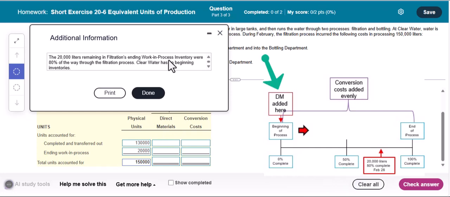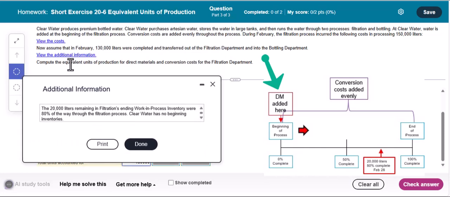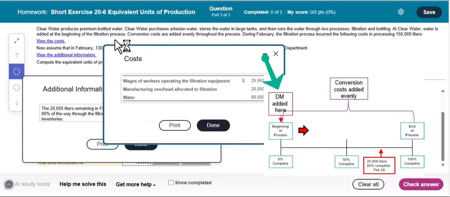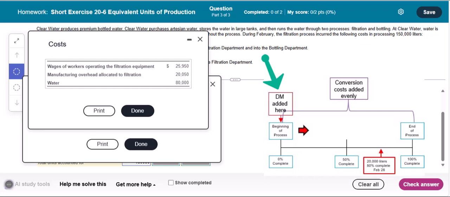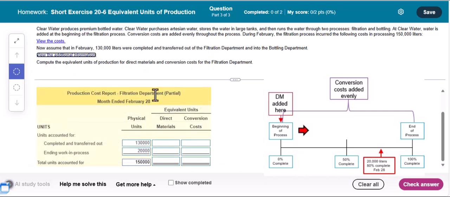And then finally, we also had this additional information with the cost. If we were doing the whole production cost report, we would later need the dollar amounts, but we're only doing this partial, so we only are doing the equivalent units part of it. So we don't need the dollar costs in this table.